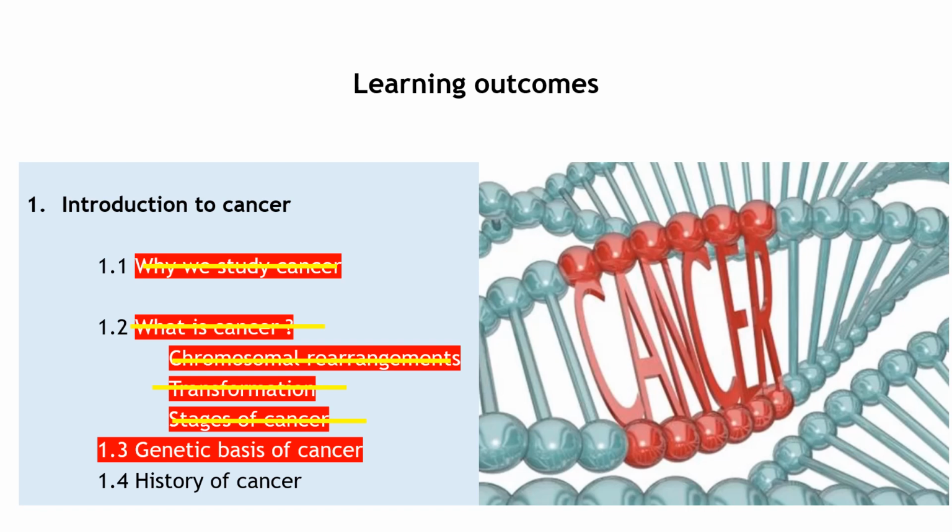Okay, now we're going to conclude this section. So now you know why we study cancer, and you know different definitions of cancer depending on the perspective. You know that, for example, from a very general genetic perspective, chromosomal rearrangement is important.